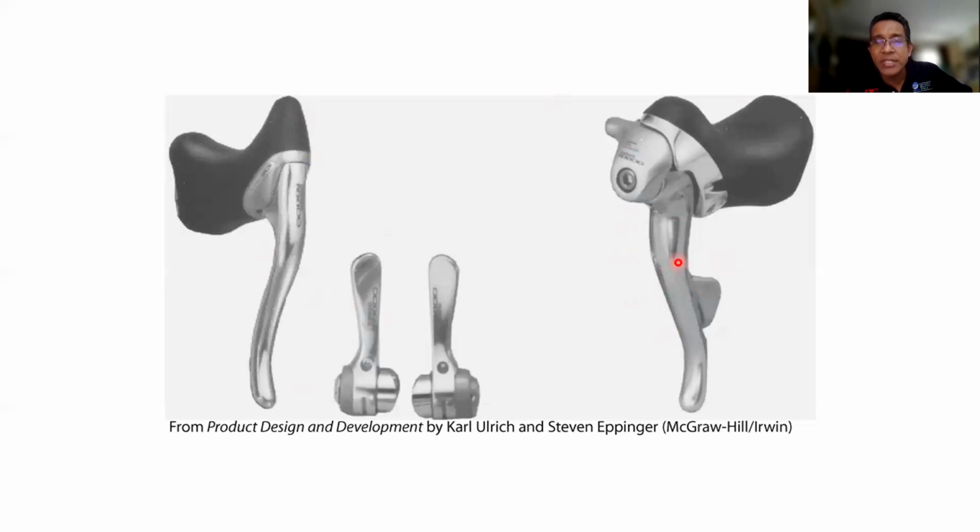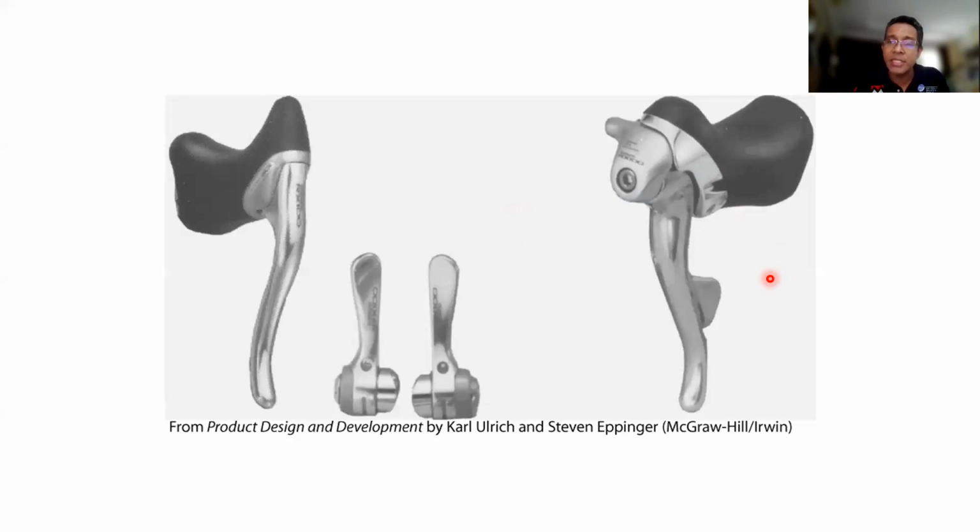You can also see the design is very stylish and ergonomic, and the parts are reduced from three to only one. So there is a difference you can see physically. And then the placement of the part can also be at the handle, and you can easily use the gear shifting and brake together at the same time.